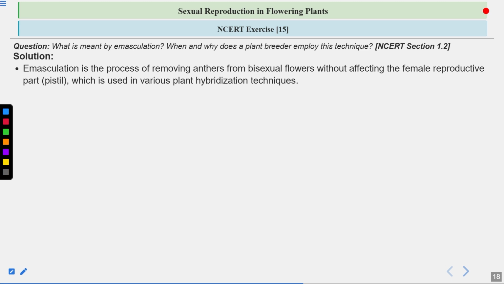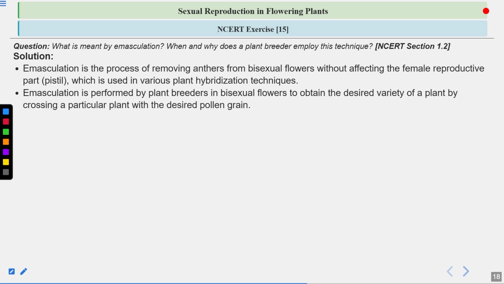As soon as the flower blooms, with the help of forceps, you remove its male reproductive organ, that is the anther, or you can say the stamen. You can remove the whole stamen slowly without affecting the pistil. No damage should be there to the pistil part, right? So that flower is now a female part only, so that becomes the female flower, right?